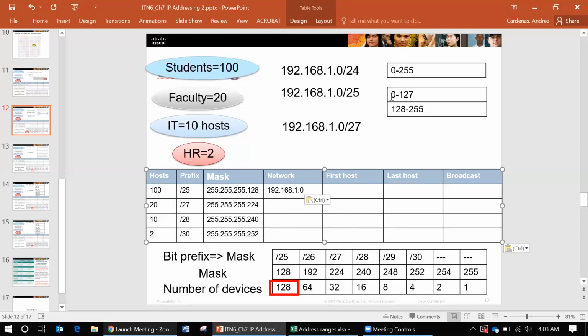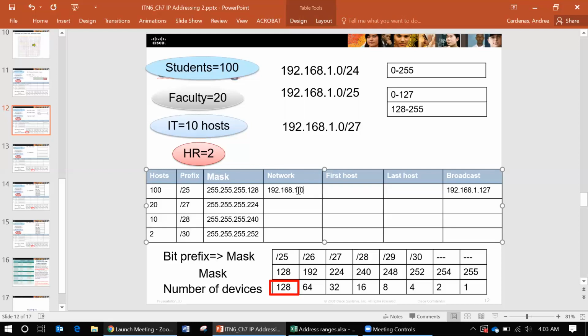And so here's our range that we're going to use. The very first one is the 0, and the very last one here is 127. So that would be the broadcast. So it's 192.168.1.127. That is the broadcast address. Remember, the first is the network, the last is the broadcast, and then we have the range in between.